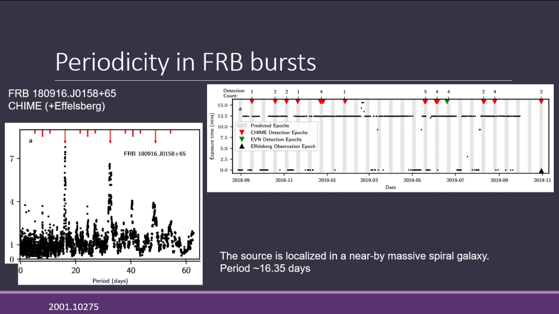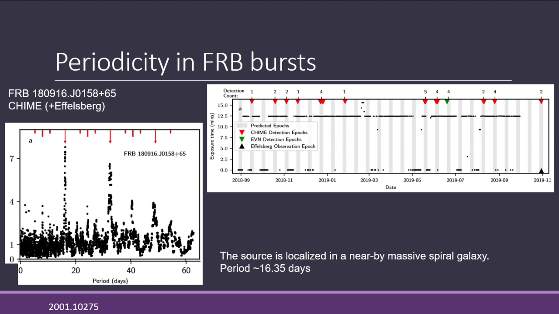We observe bursts, so it's like click. And if you collect lots of them, you can start thinking, are they really repeating or not? So do they come randomly, or is there some period between them?